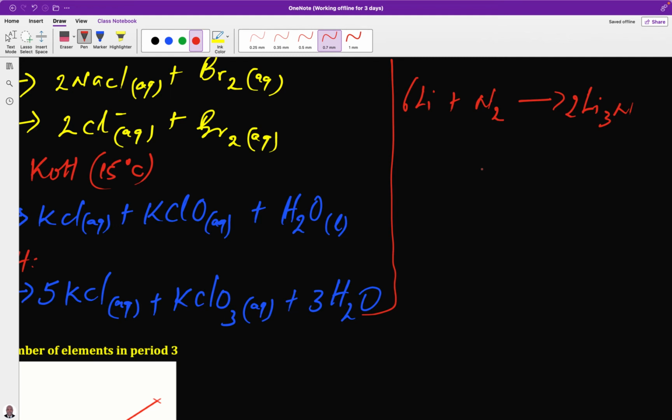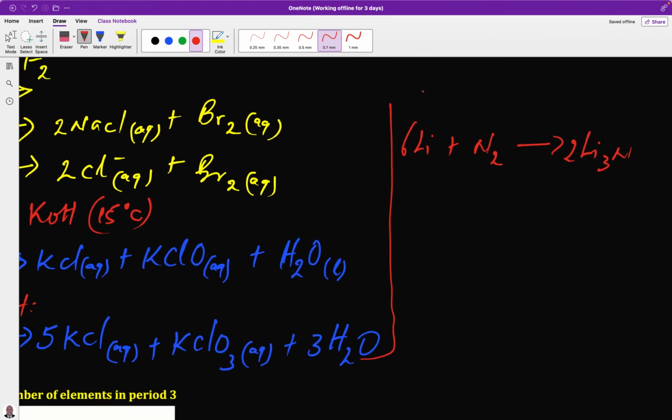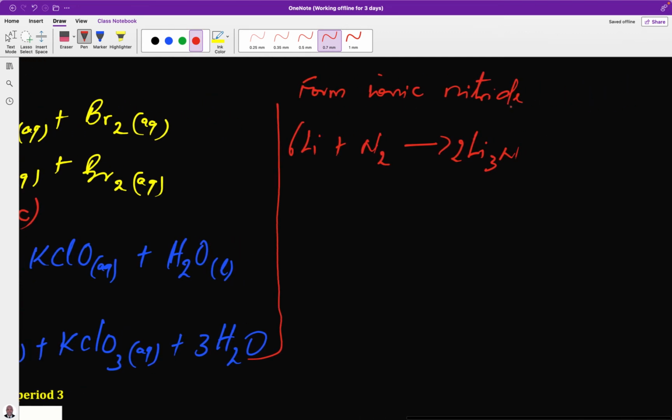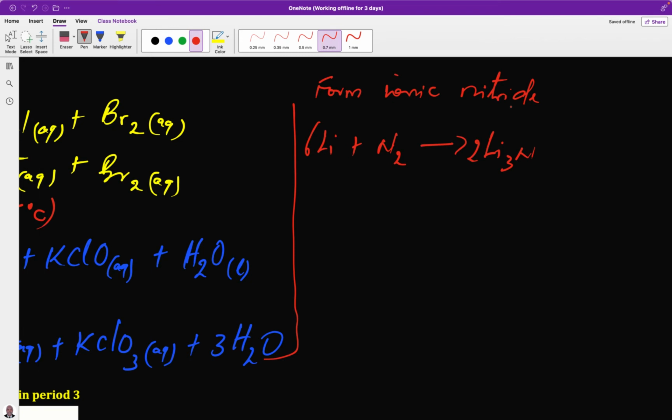So I can say both form ionic nitride when heated in the atmosphere with nitrogen. They form ionic nitride with nitrogen. So both form ionic nitride when heated in the atmosphere with nitrogen.